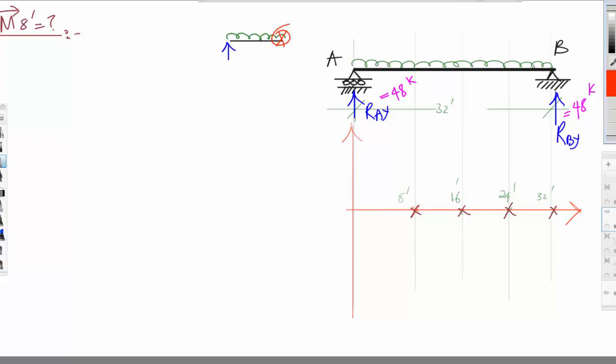So this is equal to 48, and we said we'll replace the uniform load by an equivalent resultant in the middle, which we'll call uppercase W, and this will be at a distance of half of the length. In this case this was 8, so this will be 4 feet.